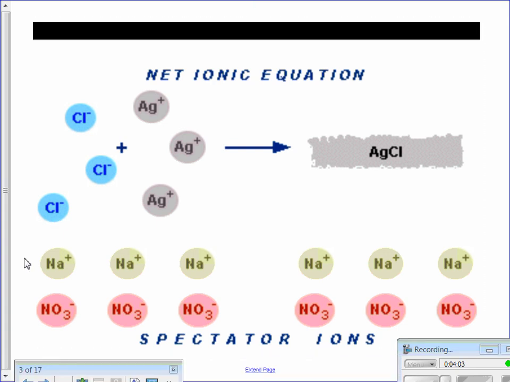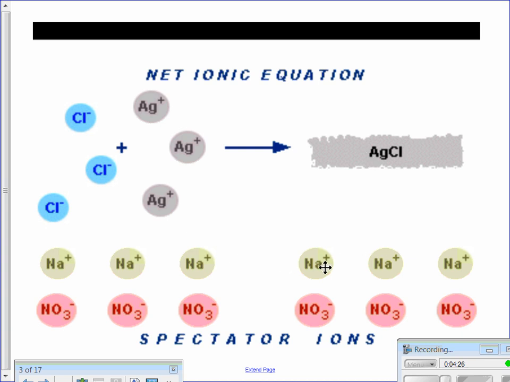And then you've got silver nitrate that will also dissociate into silver ions and nitrate ions. But when you mix these two solutions together, you'll start to see the formation of a white silver chloride precipitate. And that will be a solid, and you'll see that solid.